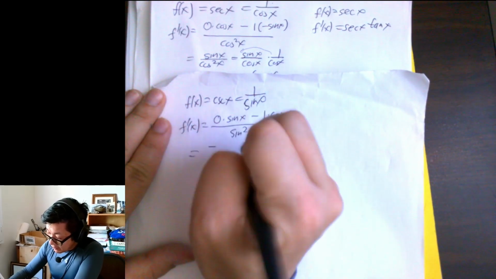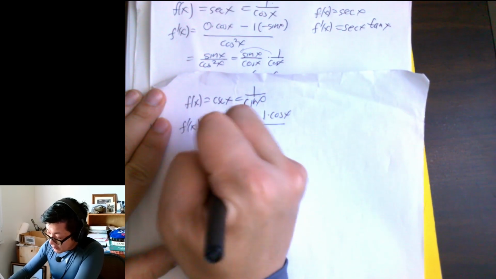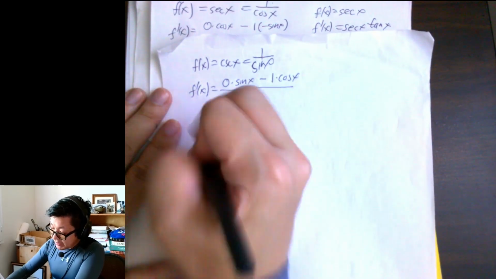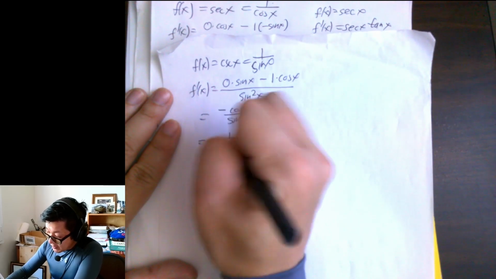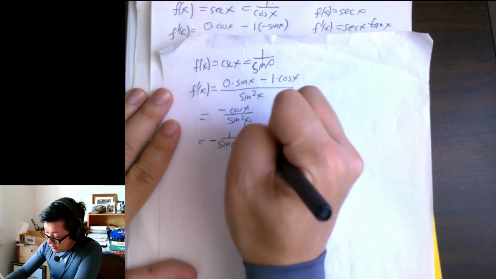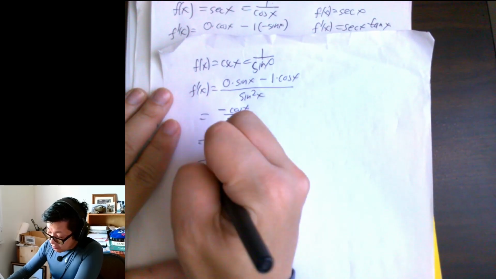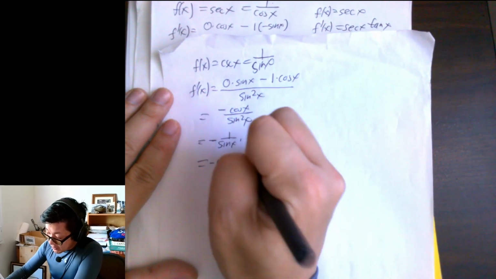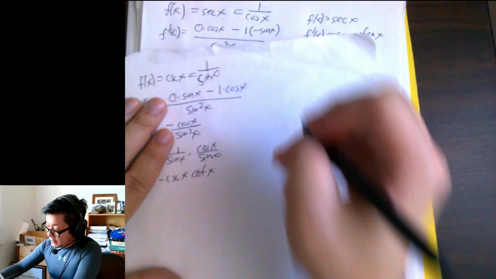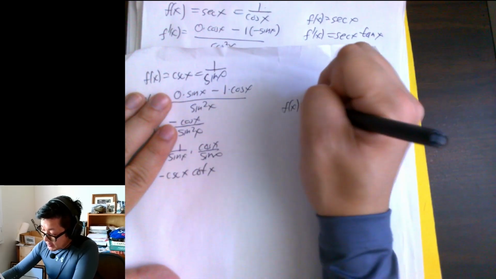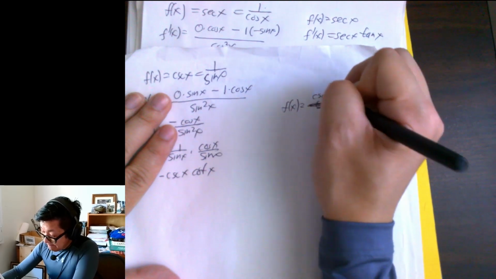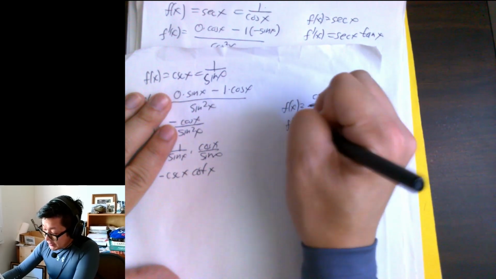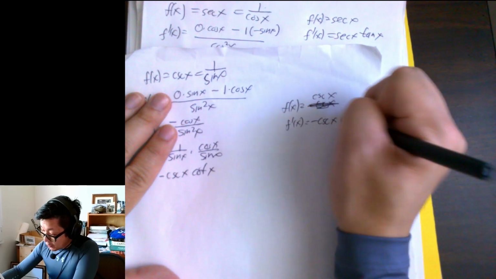This is now negative cosine x over sine squared x. I'm going to break that up as negative 1 over sine x times cosine x over sine x. That's going to turn into a negative cosecant x cotan x. So if your function is cosecant x, the derivative of it is negative cosecant x cotan x.